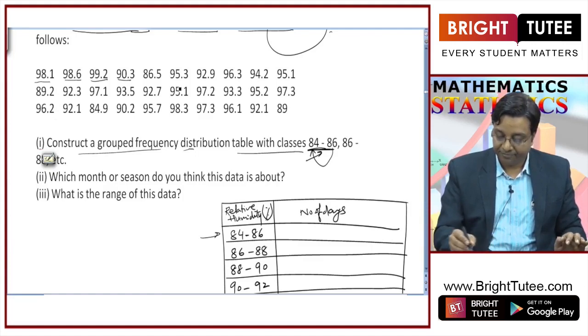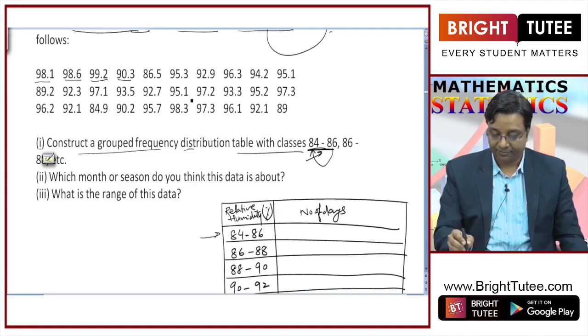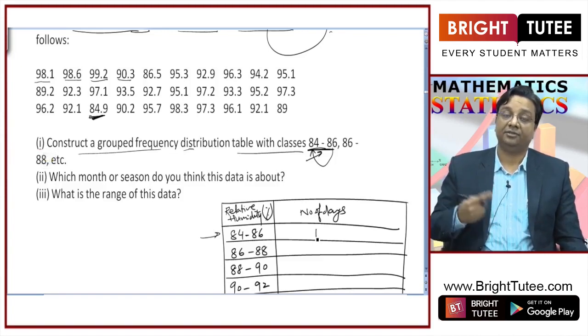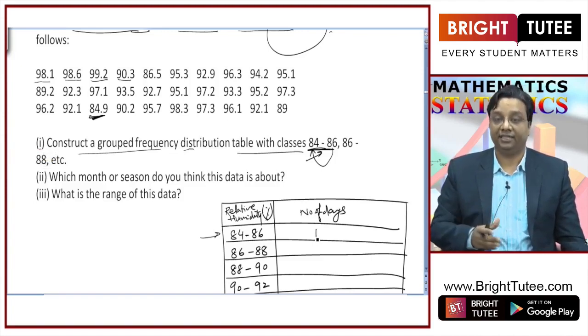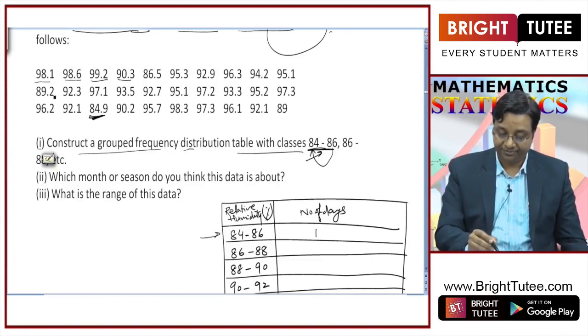Okay. One. Only one. That means there was only one day out of these 30 days on which relative humidity was between 84 to 86. Now 86 to 88.